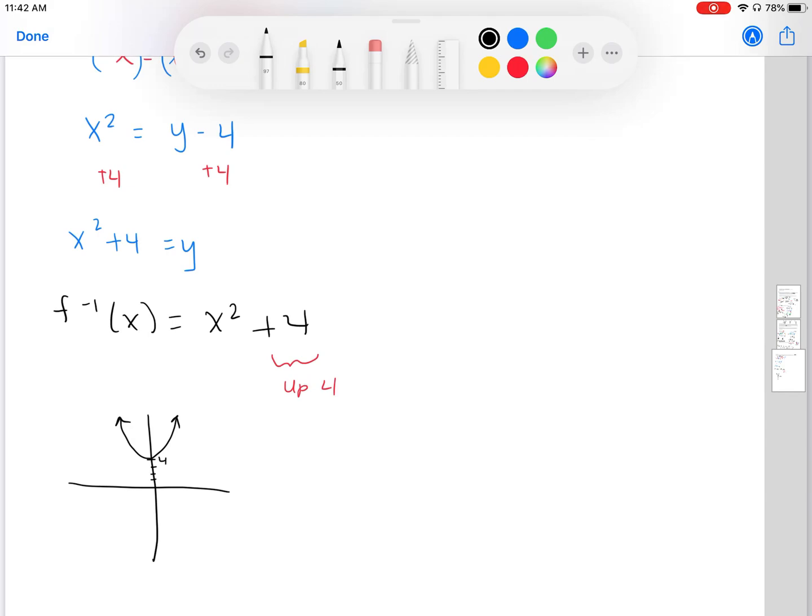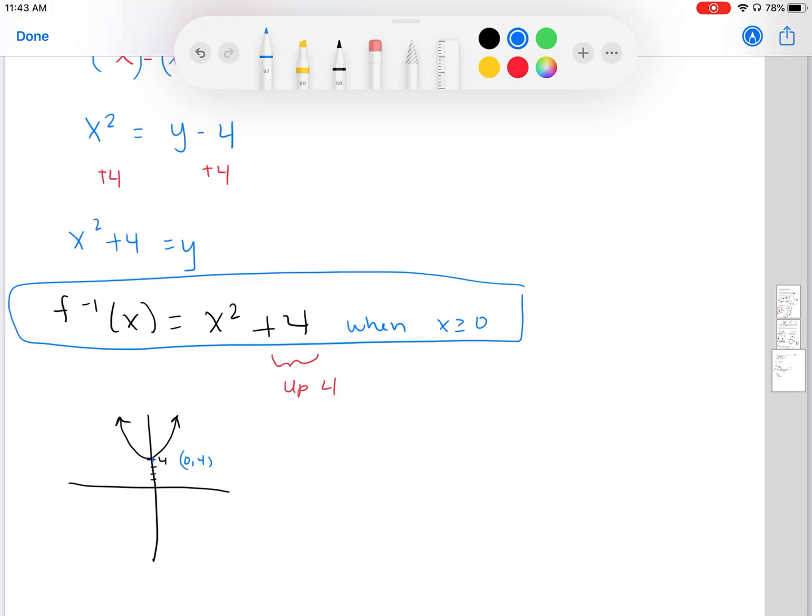So I need to restrict my domain. Let's restrict our domain for those bigger than that. So we would say, because we have this vertex at (0, 4), when x is greater than or equal to 0. And that is our inverse function with a restricted domain.